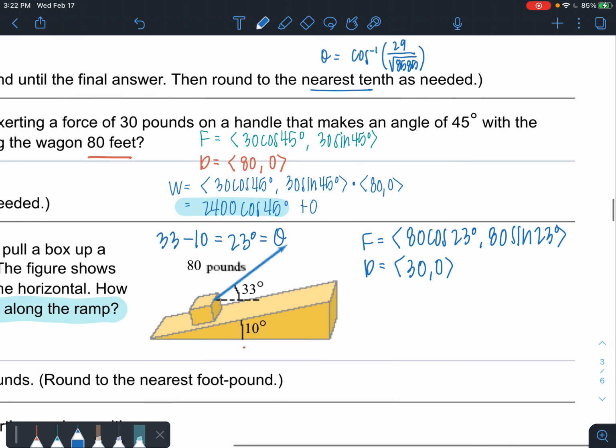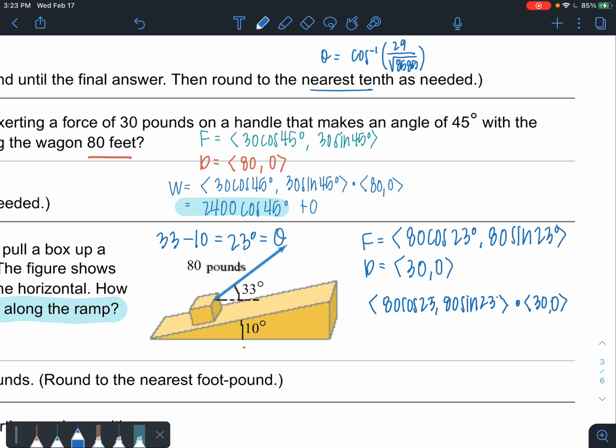So when we multiply these two things together, we don't really have to worry about the angles with that, it's just how far it traveled. Then we're gonna do 80 cosine 23, 80 sine 23 dot 30, 0.